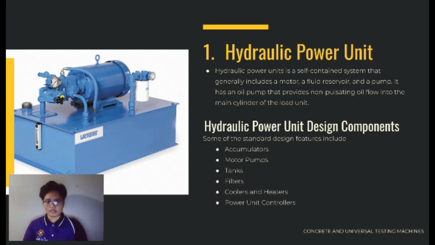Next is coolers and heaters. As part of the temperature regulation process, an air cooler can be installed near or behind the filter unit to prevent temperatures from rising above operational parameters. Likewise, a heating system, such as an oil-based heater, can be used to elevate temperatures when necessary. Lastly is power unit controllers.